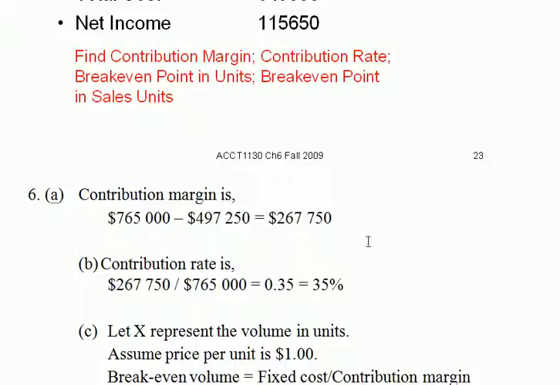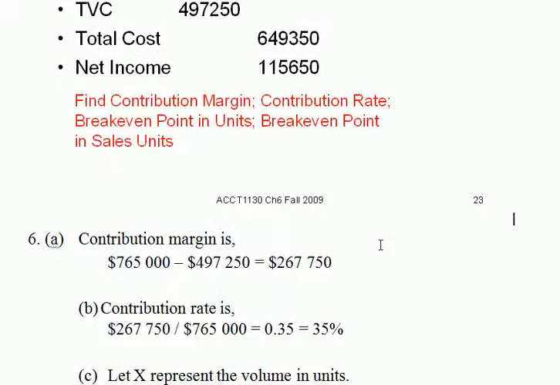So the contribution margin is going to be their total sales, 765,000, minus their total variable costs. Notice it's total variable costs. So their contribution margin is 267,750.